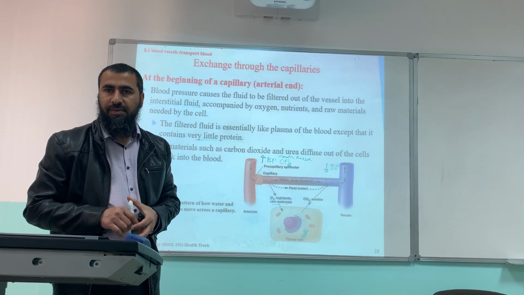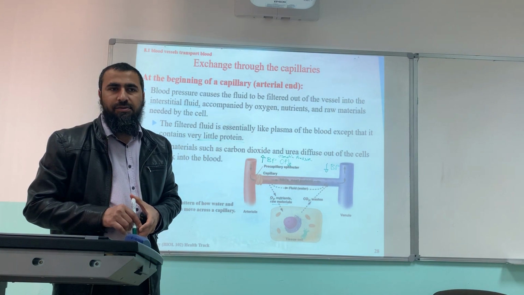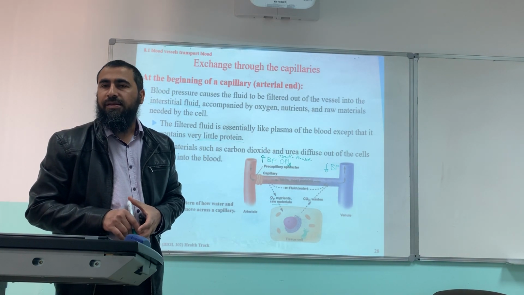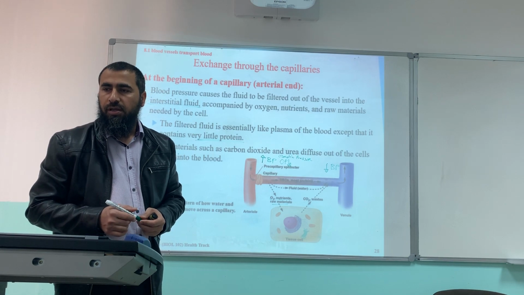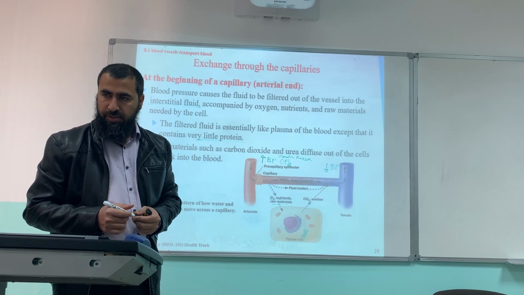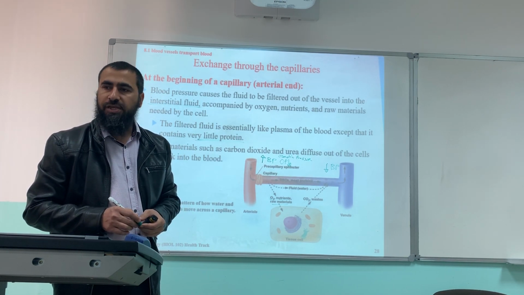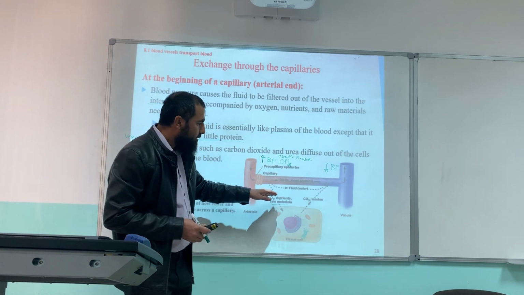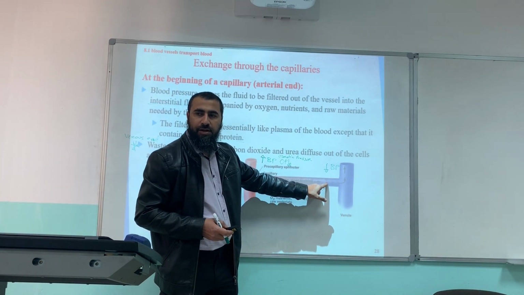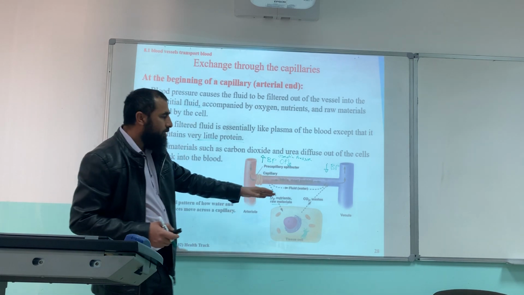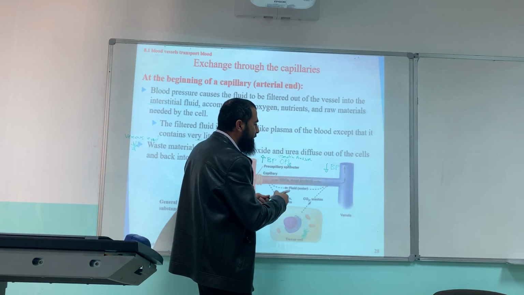Maybe shrink. Well, the blood is not going to shrink. It's going to become more hypertonic, because there's more solutes, less fluid. So now the osmotic pressure is high here.